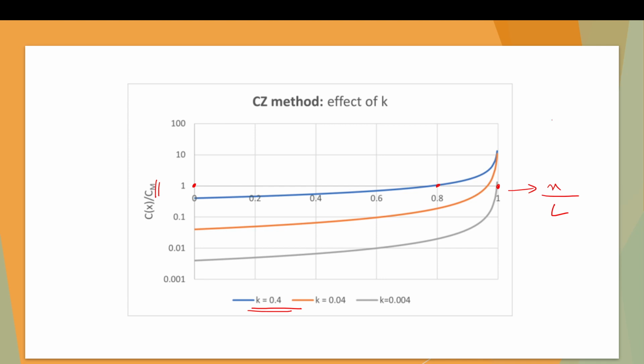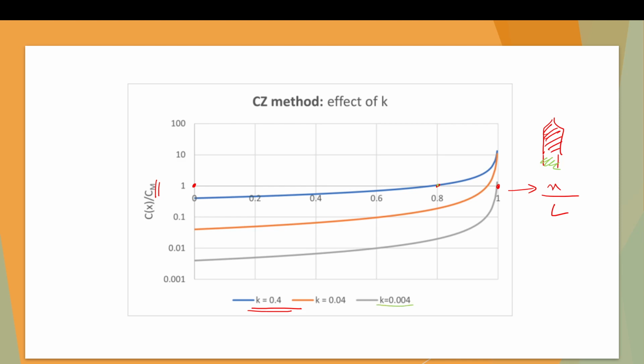So for the first 80% of the ingot, it is purer than the original cylinder, and after that it becomes less pure than the ingot. This point is reached at 80% in the case of k equal to 0.4, the distribution coefficient of 0.4.